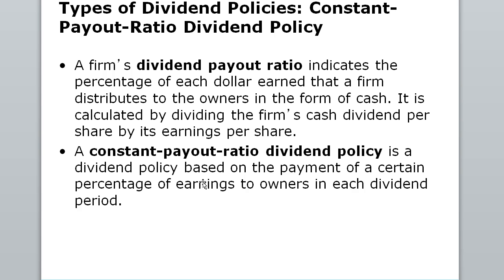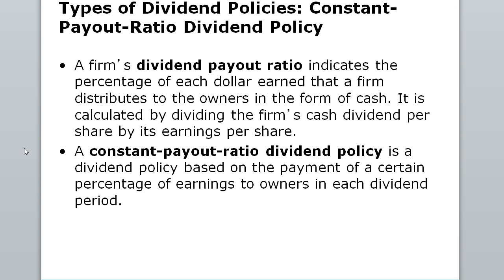Okay. Now if we talk about types of dividend policies, constant payout and payout ratio dividend policy. The dividend payout ratio indicates the percentage of each dollar earned that a firm distributes to the owners in the form of cash.